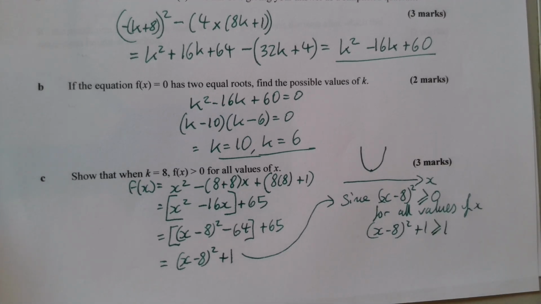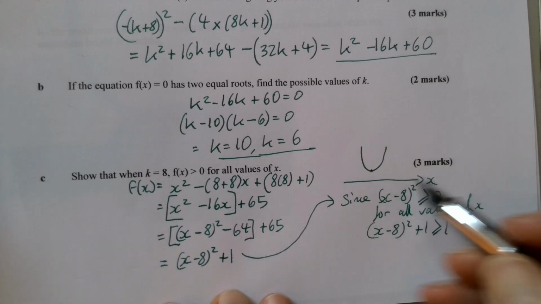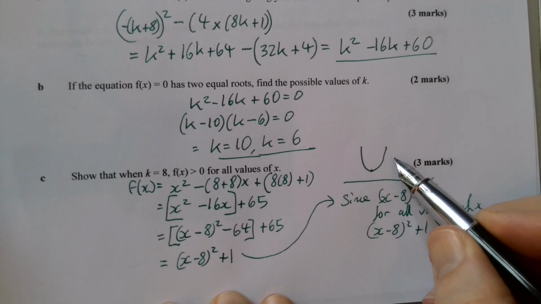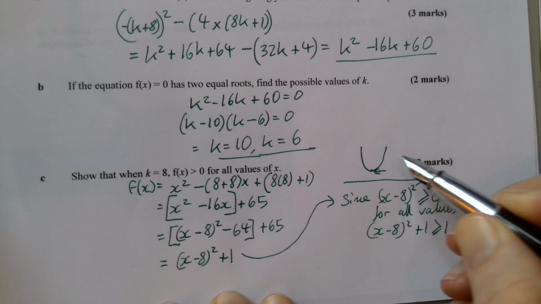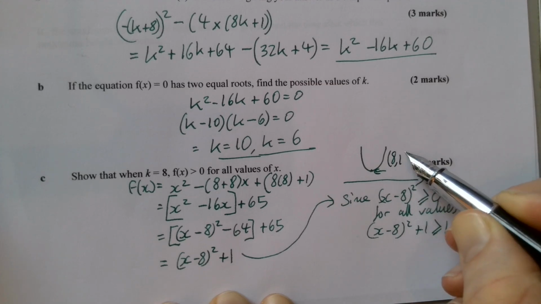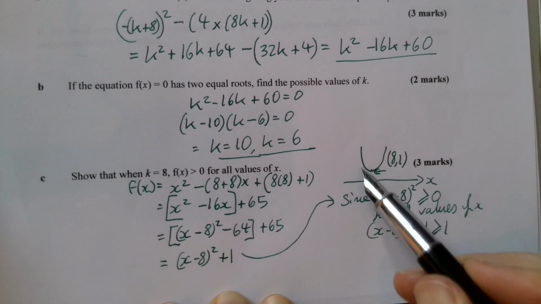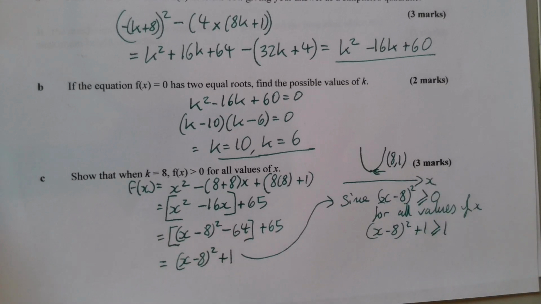And that should be enough. But you need some kind of statement in there to make it so. Or, they would accept you, instead of that statement, showing your sketch and showing that that point there is going to be 8, 1, and then just something to point out the fact that all of your values are going to be what's on the curve.